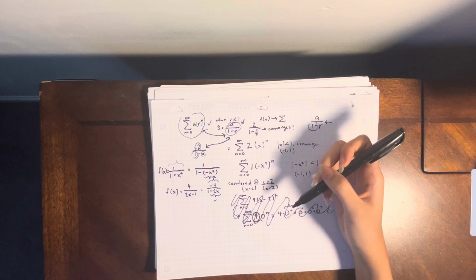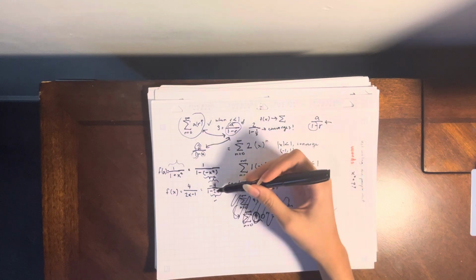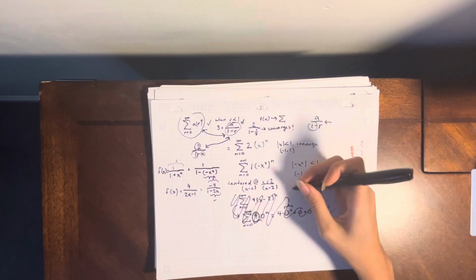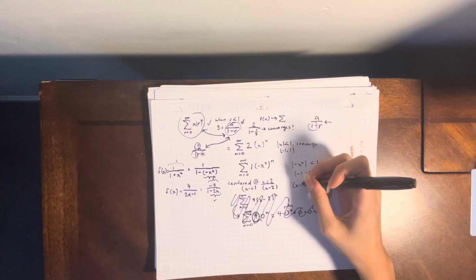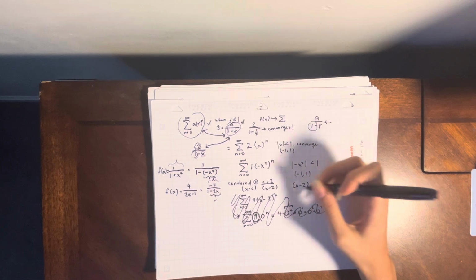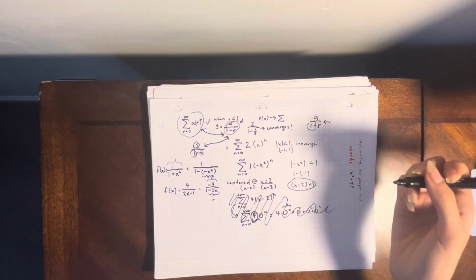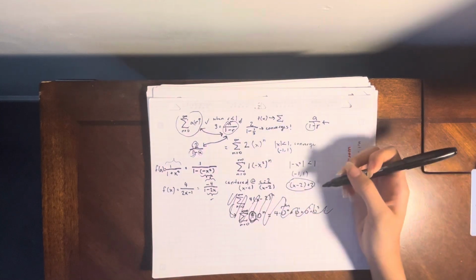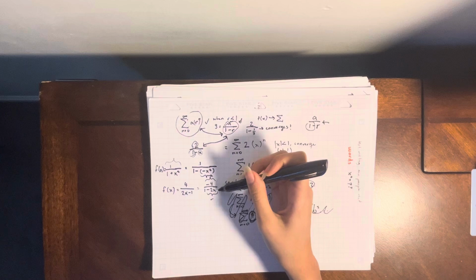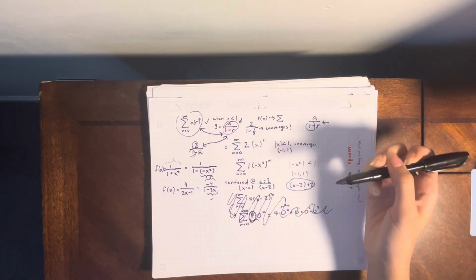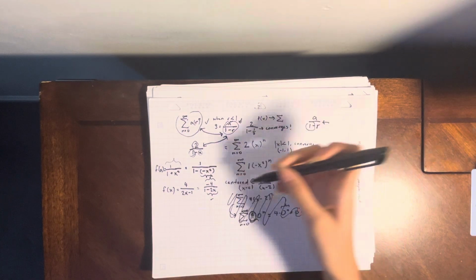So let's see. We could rewrite x as x minus 2 plus 2. Same difference, but we added more numbers just for funsies, I guess. So we're going to try doing this over here and see how that works out.